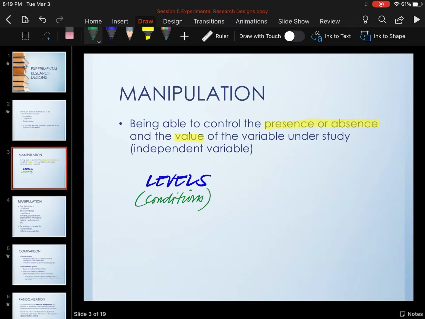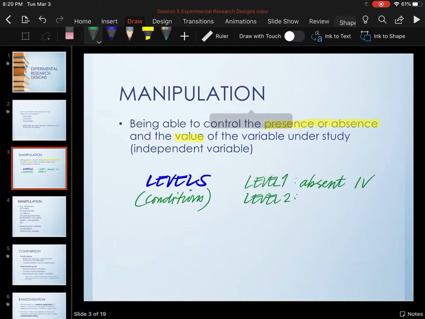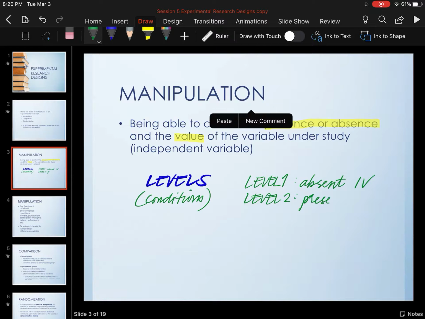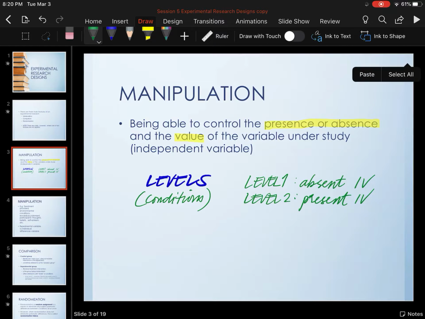So in a study, for instance, level 1 or condition 1 could mean the absence of your IV, and then level 2 may mean the presence of your IV.